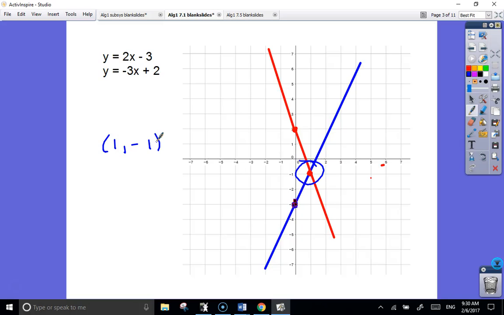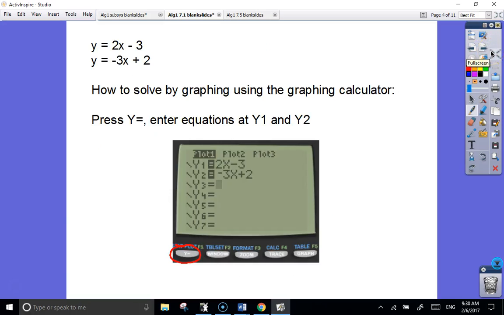Okay. But again, we want to learn how to do this by graphing with the calculator. So here are the steps. You've got to be trying to play along with this. Pick up a calculator and actually try to do this. The first thing we're going to have to do is graph. Now, how do you graph a function in the calculator? You go to y equals, the top left button right there, and you should see this screen.